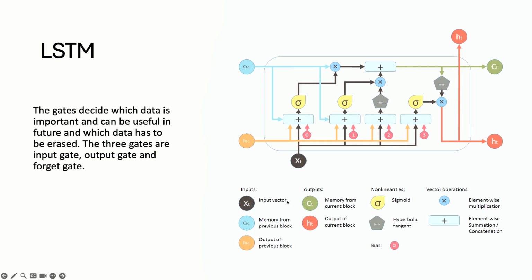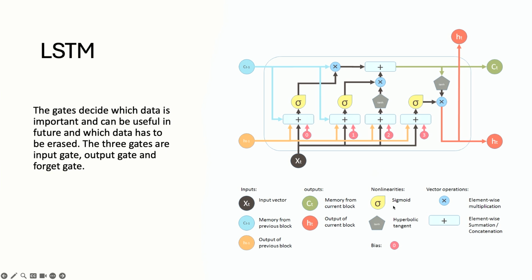Here it has an input vector, which is xt, and the memory from the current block, Ct. It also has 3 activation functions with sigmoid, element-wise multiplication, and a hyperbolic tangent activation function.